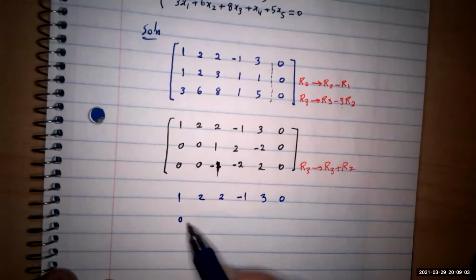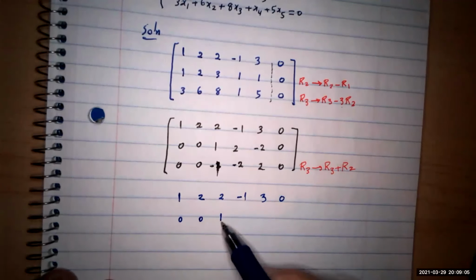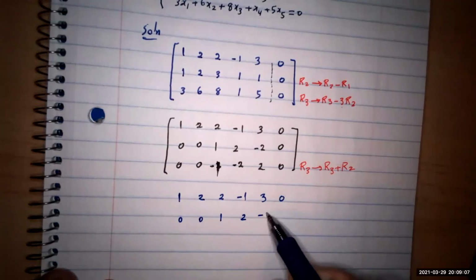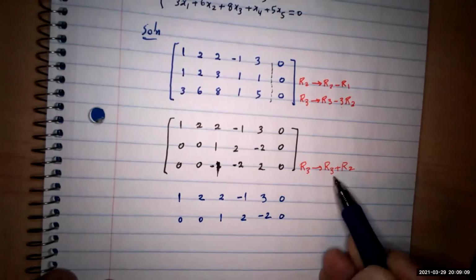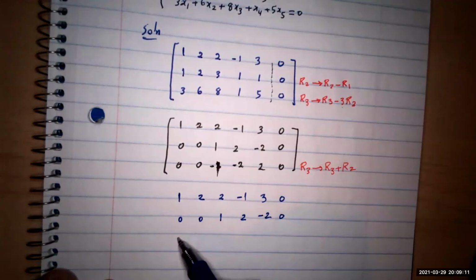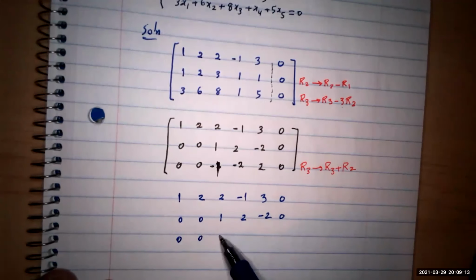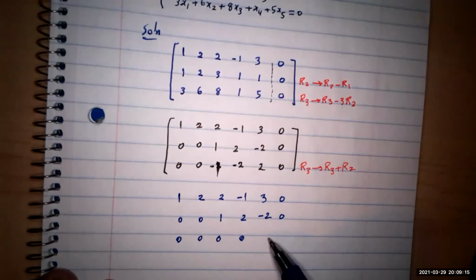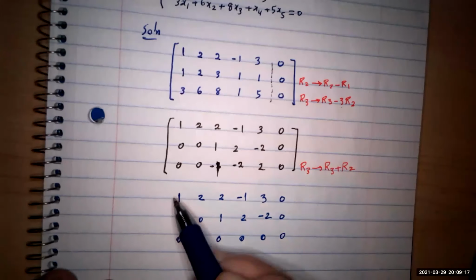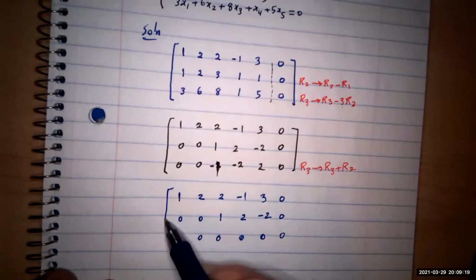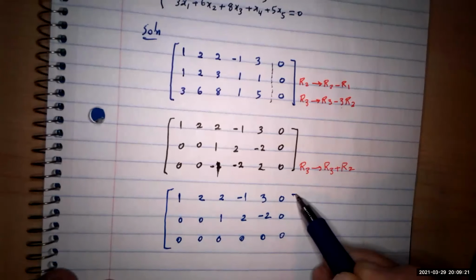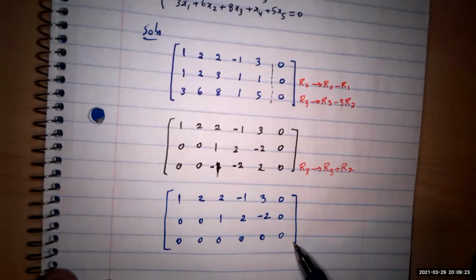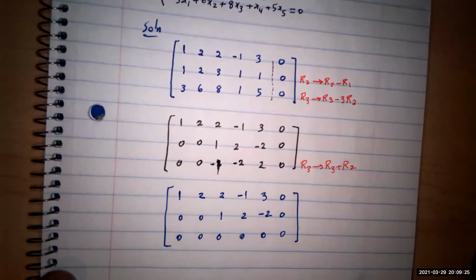Then 0, 0, 1, 2, -2, and 0. And R3 plus R2 gives you 0, 0, 0, 0, 0, 0. So you must arrive at this situation quickly, because the system would have infinitely many solutions.